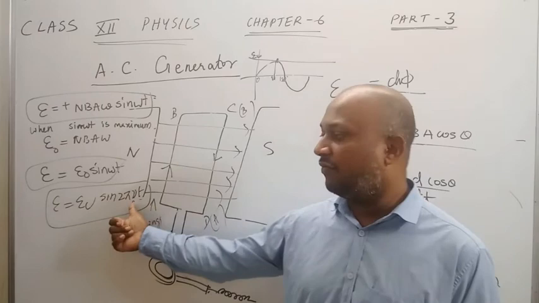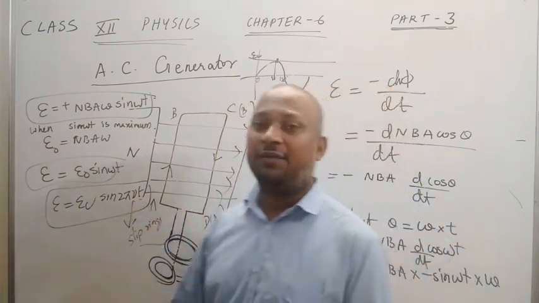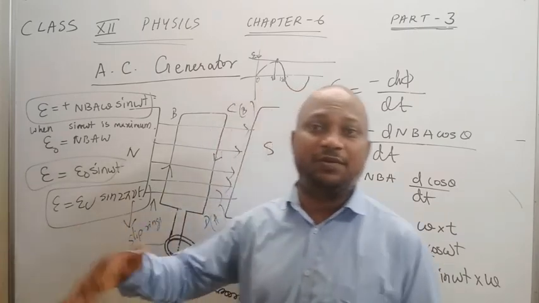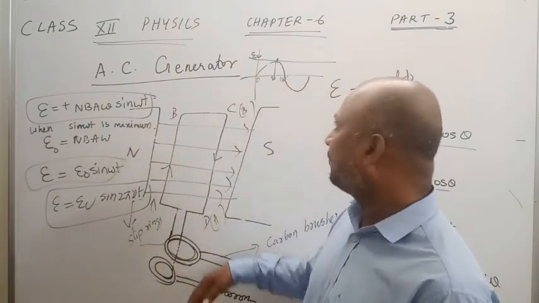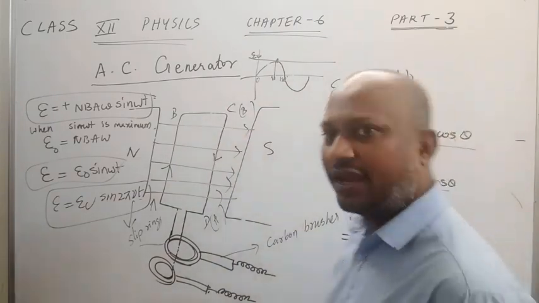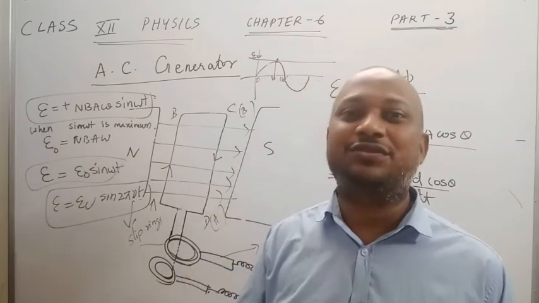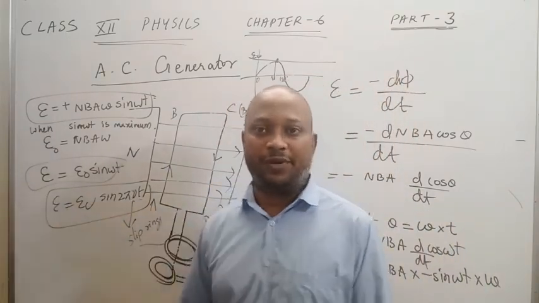So you can put the value of nu, and at different times the EMF is at a different value. So that's what here the EMF is fluctuating. So when the EMF is fluctuating, automatically the current also will fluctuate. So the current also will have the same type of movement.